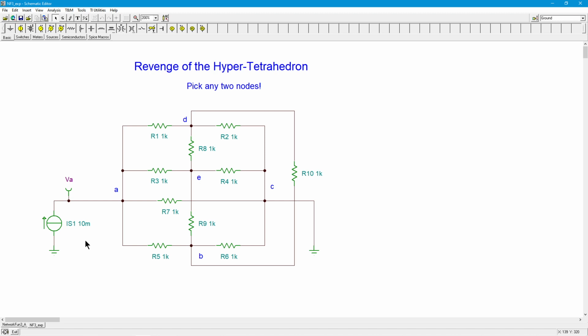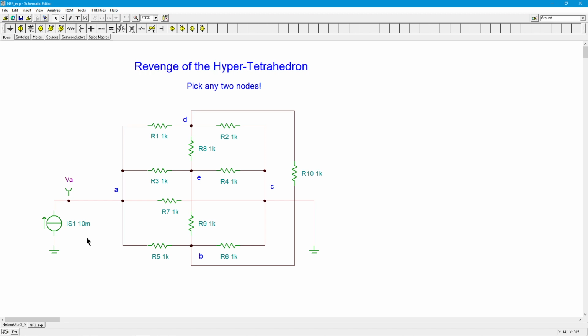Kirchhoff's really, really good voltage idea, which always works, and Ohm's law, and see what you can come up with. In the meantime, I'll patiently wait. But maybe I won't. All right. If you're compulsively curious and you just have to do it, don't pause the video. I'll go through this. All right, so how do we approach this?